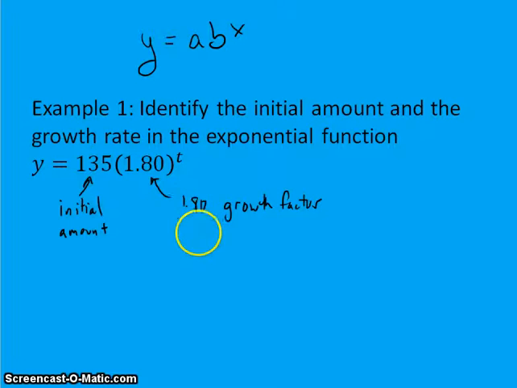But we're looking for the growth rate. So remember, the growth factor is 1 plus the rate. So the rate would just be 0.8. And if we convert that to a percent, that would be 80% as our growth rate. So the growth rate is going to be 80%.